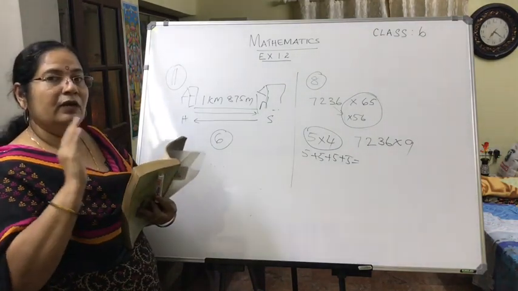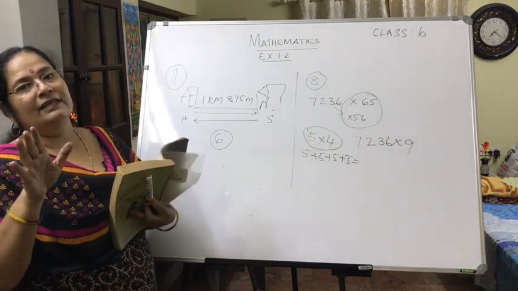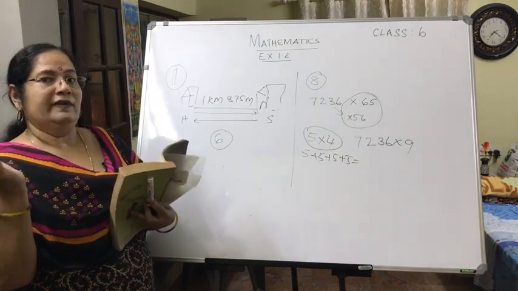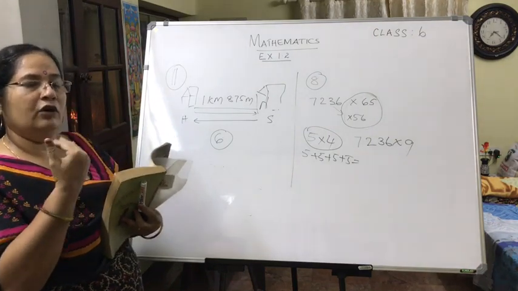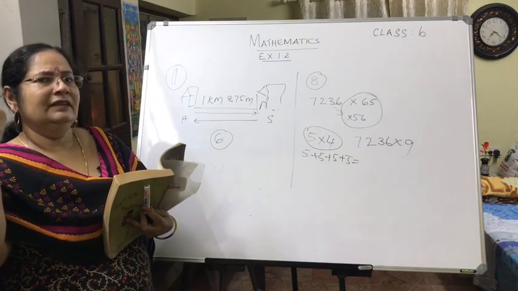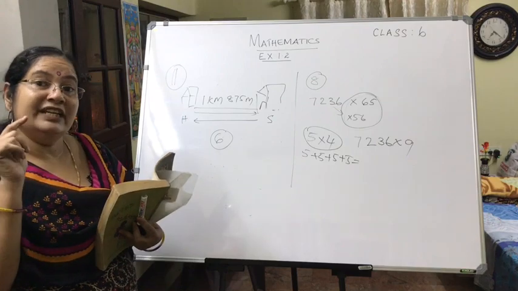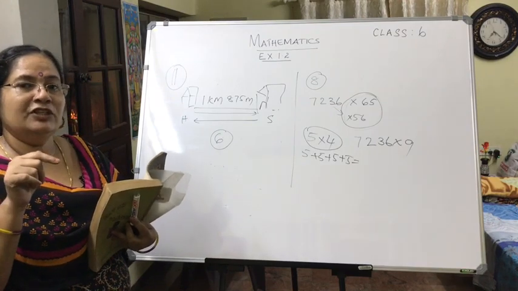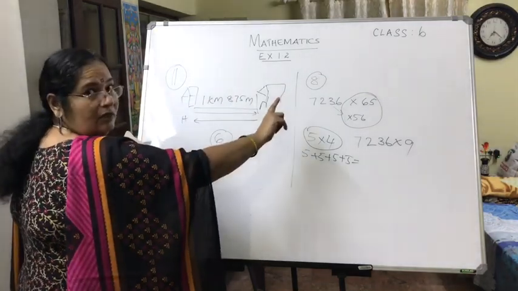Distance between school and home is 1 kilometer 875 meters. She is walking both ways. Morning home to school, evening school to home, both ways she is walking. So from that you get something. What is that? How much distance she is walking each day. 1 kilometer 875 meters towards school.